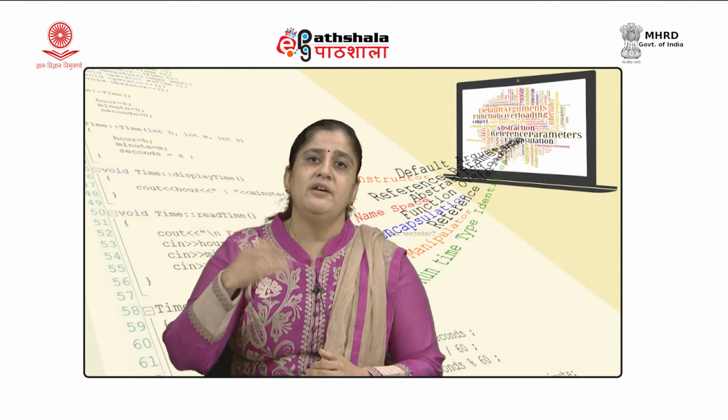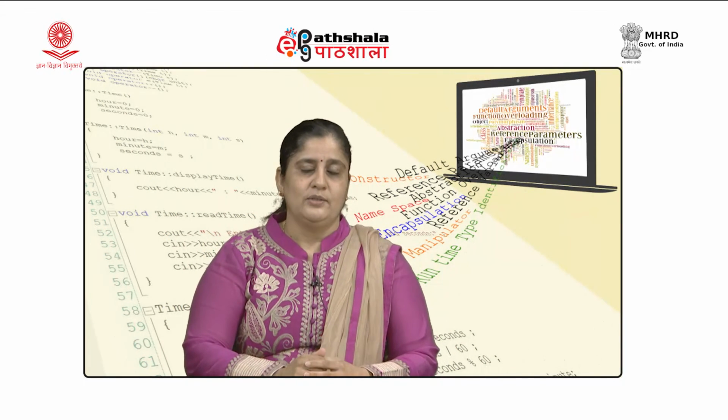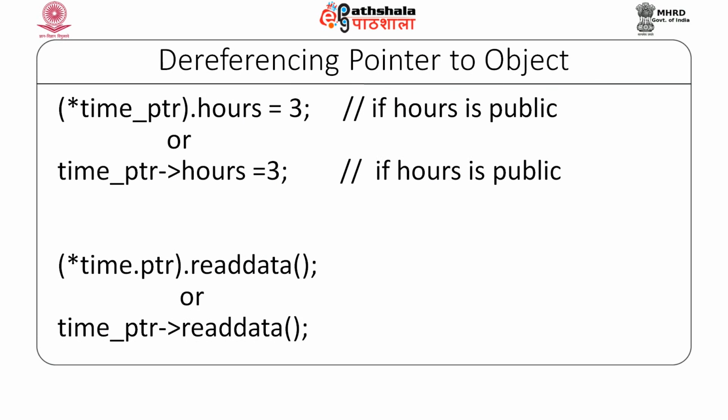So, how do we dereference object pointers? Time PTR, as we have defined, is a pointer to the time class, and you know that for dereferencing we use the star operator. So, to dereference the time pointer, we can use the star operator.